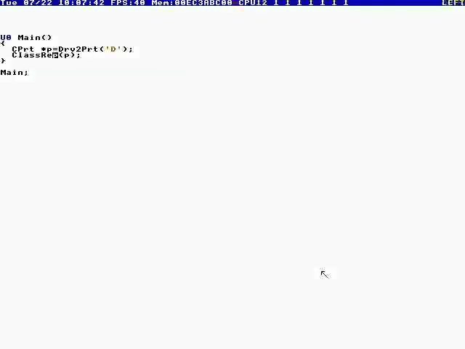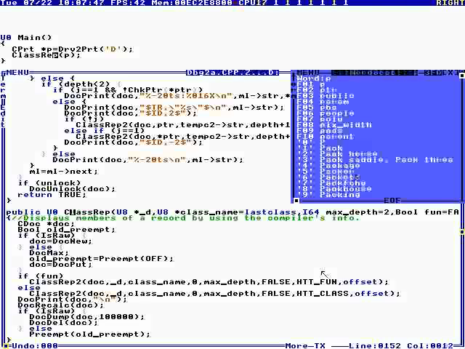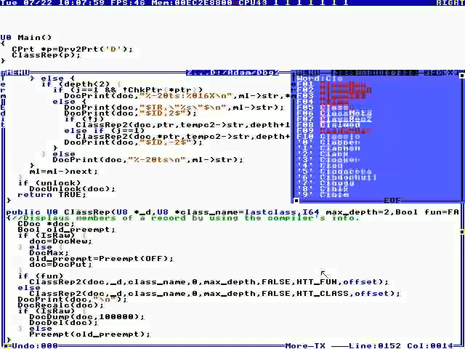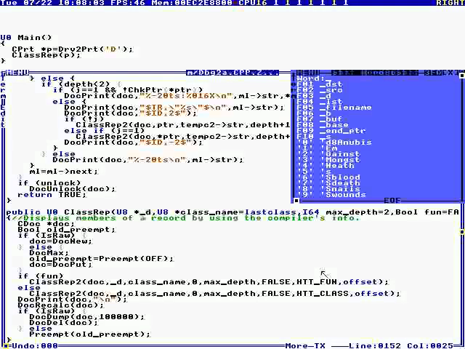So, class rep: the class structures that the compiler owns are retained. All that information is kept on all the classes, and it can be used to dump a record. It will fetch the information the compiler has and dump the record.